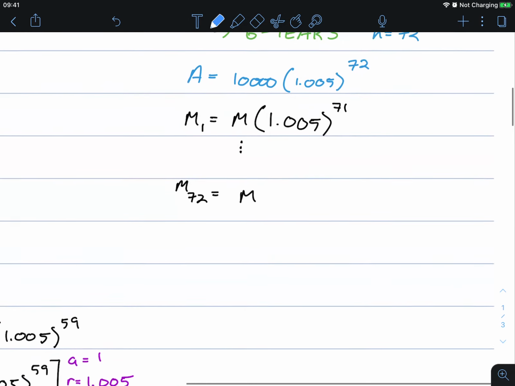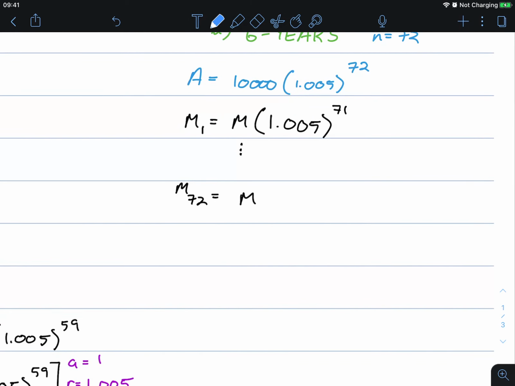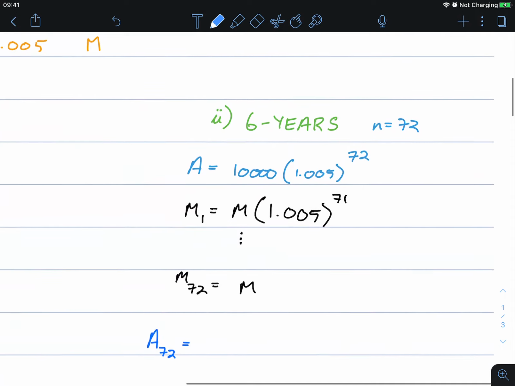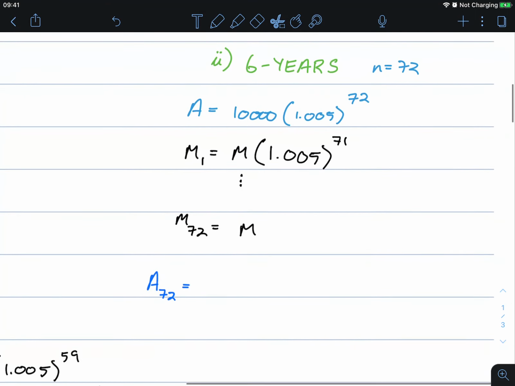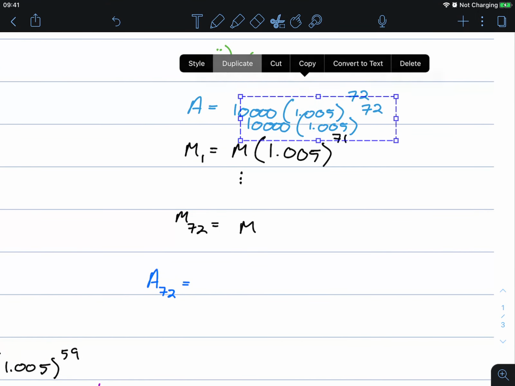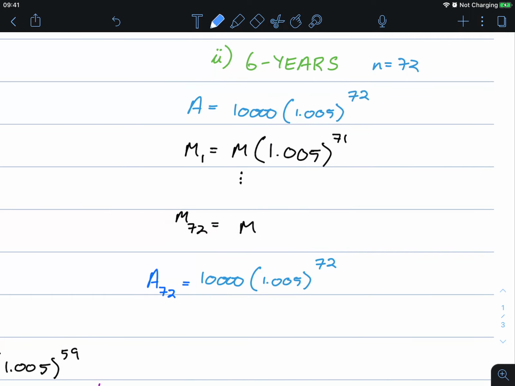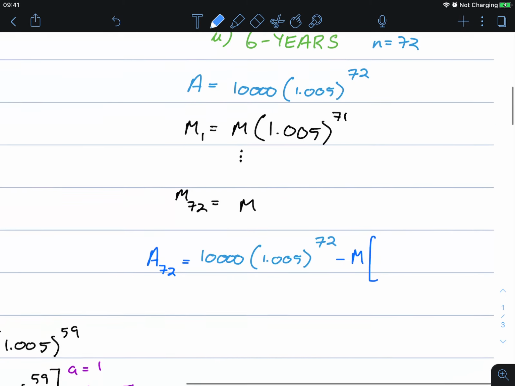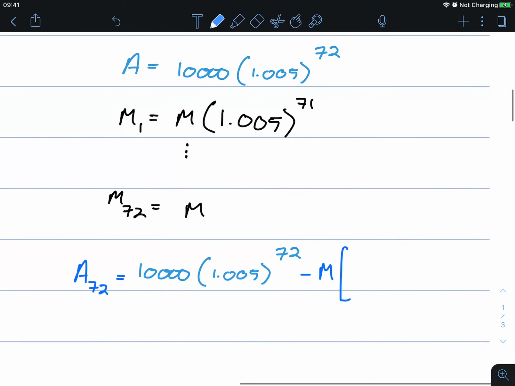From here we can skip a whole bunch of steps because the value of the loan after 72 payments is this expression. Take away the m outside of, well, we've seen the rate already.